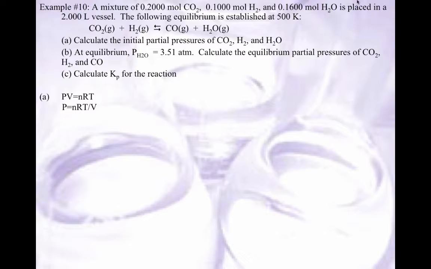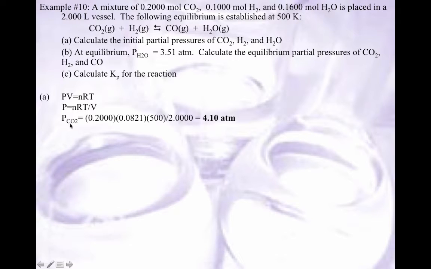So partial pressure of CO2 equals N, which is 0.2, times R, because we're in atmospheres. If you notice in part B, we're in atmospheres, so let's just keep it in ATM. So let's use 0.08206 times temperature, which is 500, all divided by my volume.